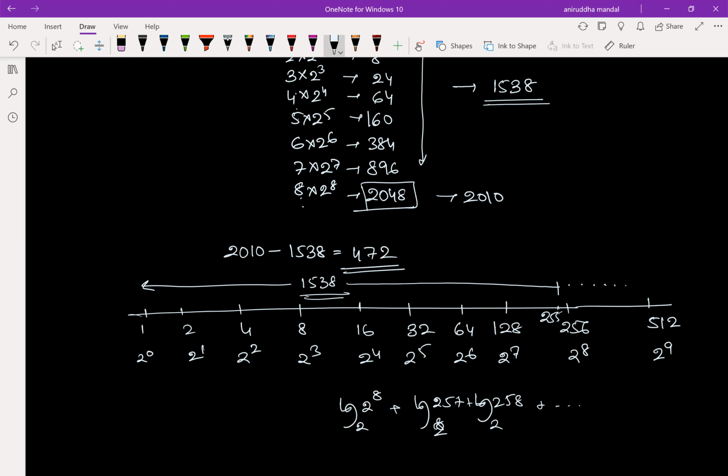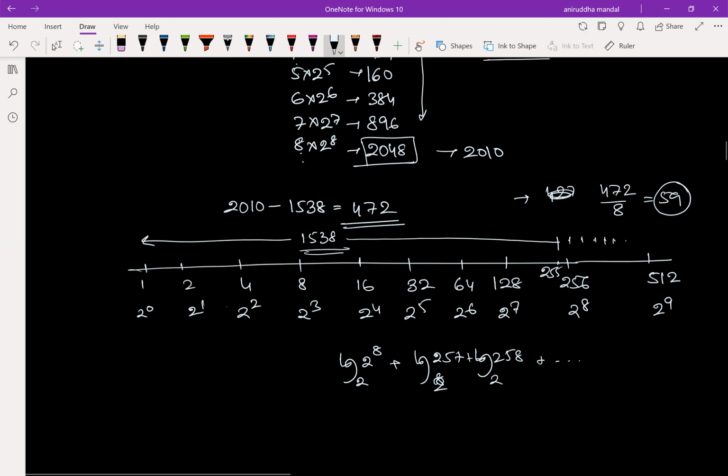Okay, so we have to divide this 472 by 8. So 472 by 8 is 59, which means we have to take 59 more 8s to get to 2010.